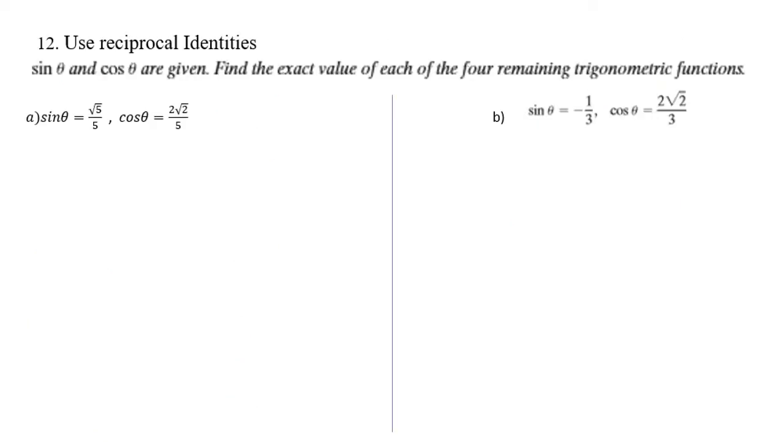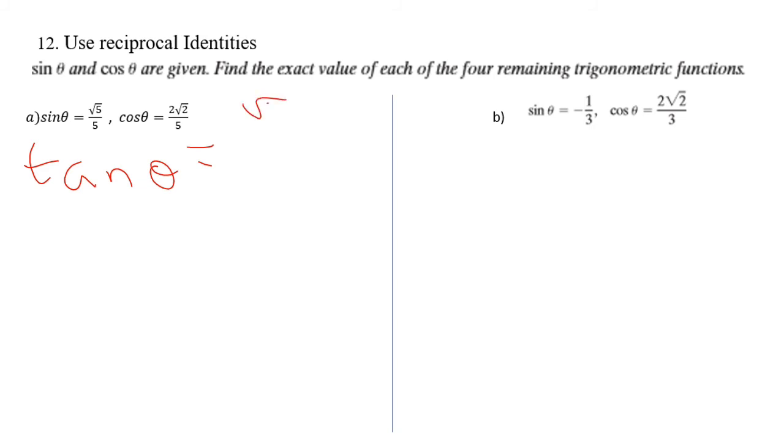We're going to use the reciprocal identities to find the exact value of the rest of the trig functions. They gave us sine and cosine, which makes it very easy on us because the reciprocals you just need to flip, and tan you just need to divide. So let's find tan first and then find all the reciprocals. Tan theta is going to be equal to sine over cosine.